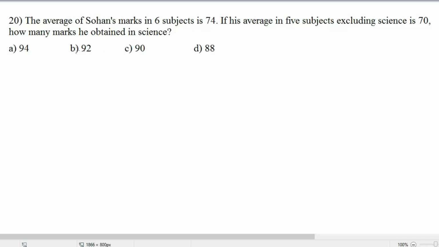Question number 20. The average of Sohan marks in 6 subjects is 74. If his average in 5 subjects excluding science is 70, how many marks he obtained in science?